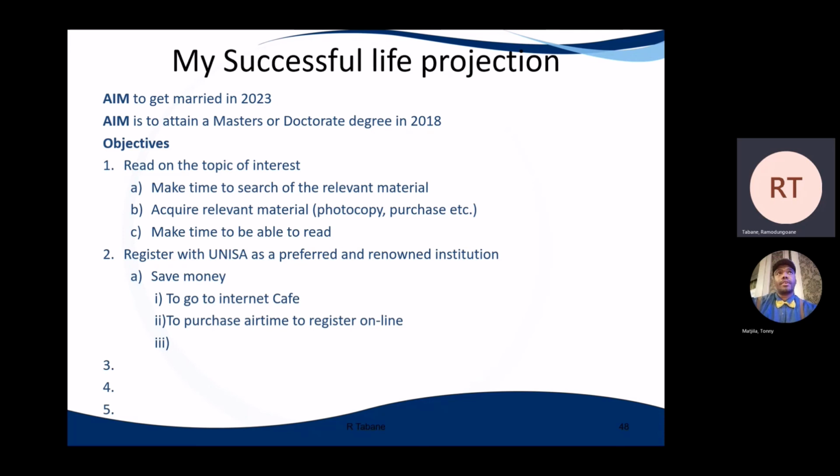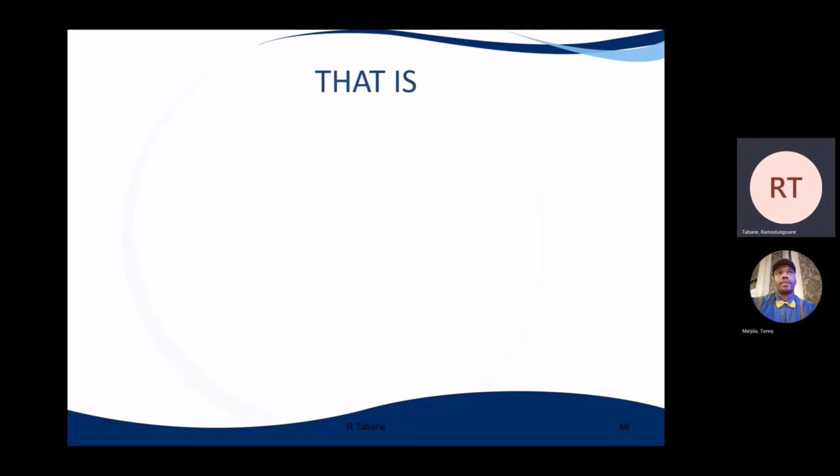You need to make time to read. Then, according to UNISA, after you selected that and saved money, you go to the internet, because we register online, and you put in that proposal sketch of about 2 to 3 paragraphs. So there are steps for you to get to where you wanted to get.